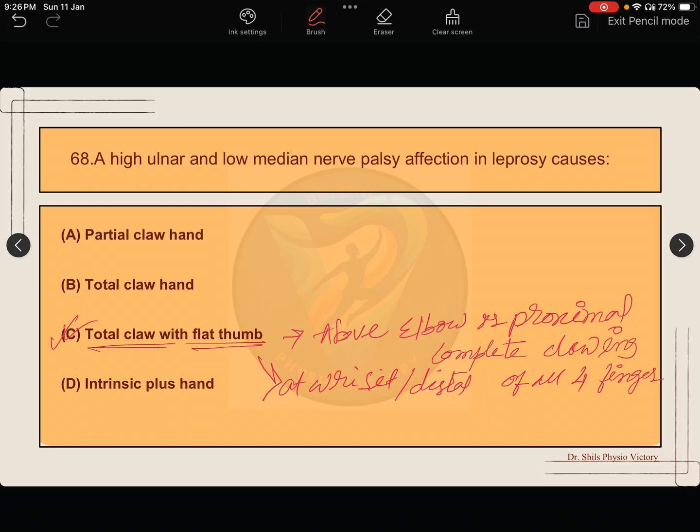It leads to flat thumb, because it basically affects the adductor pollicis brevis, opponens pollicis, superficial head of flexor pollicis brevis, and lumbrical 1 and 2.